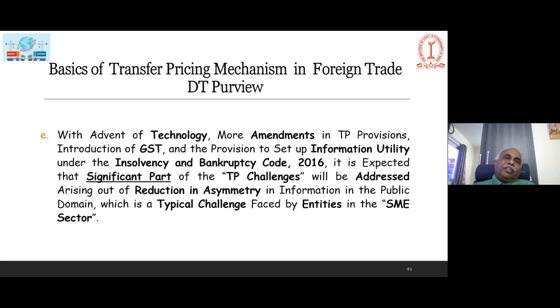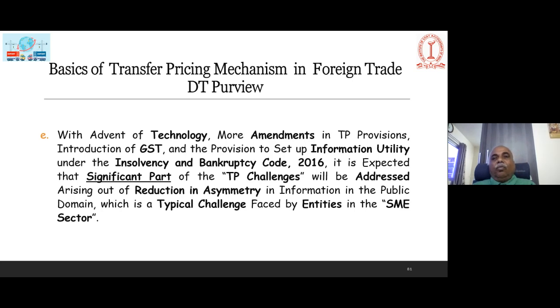More amendments in transfer price provisions are also there. But today it is very easy because GST is there.